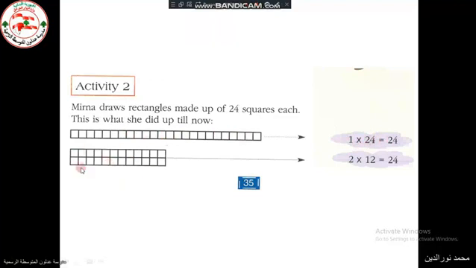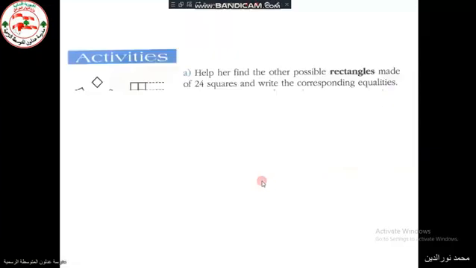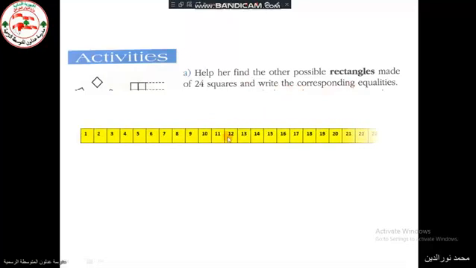In the second case, we have two rows, and we have 12 columns. So 2 times 12 is 24. So it is asking us to help her to find other possible rectangles made of 24 squares and write the corresponding equalities.